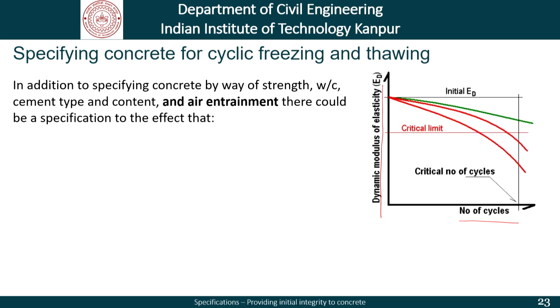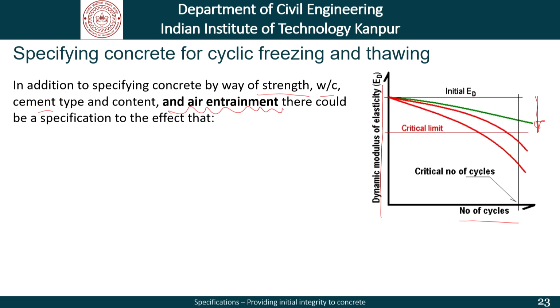As more and more deterioration happens, the dynamic modulus of elasticity tends to go down. The behavior of this graph is determined by factors such as the strength, water cement ratio, cement type, and the air content, that is the air entrainment in that concrete.